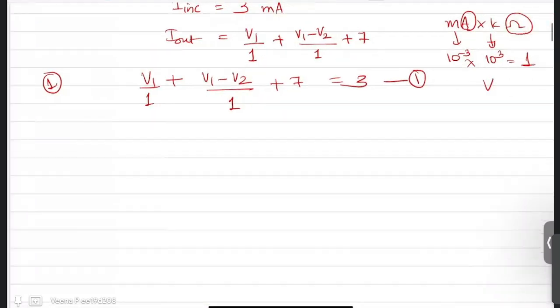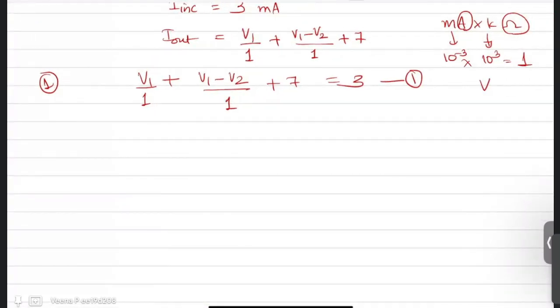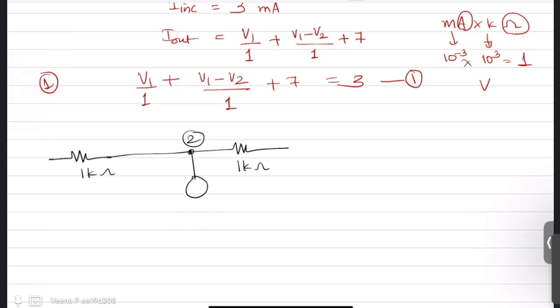So if I redraw my node 2, there is a 1 kilo ohm, there is another 1 kilo ohm, and there is a 2 milliampere source here. Now the potentials at the other ends of these resistances are V1, V3 and ground, 0 volts, with V2 at the node.